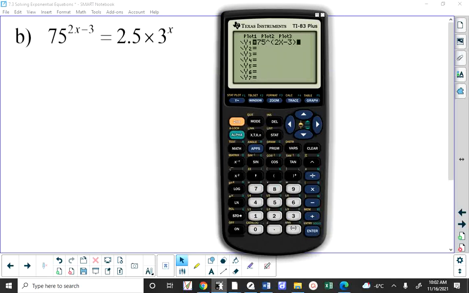When you take a look at 75 raised to the 2x minus 3, 75 is a huge base. It's going to be growing exponentially quite rapidly. In other words, it's going to be very steep. If I look at 2.5 times 3 to the x, the base is 3, so it's not growing as rapidly.